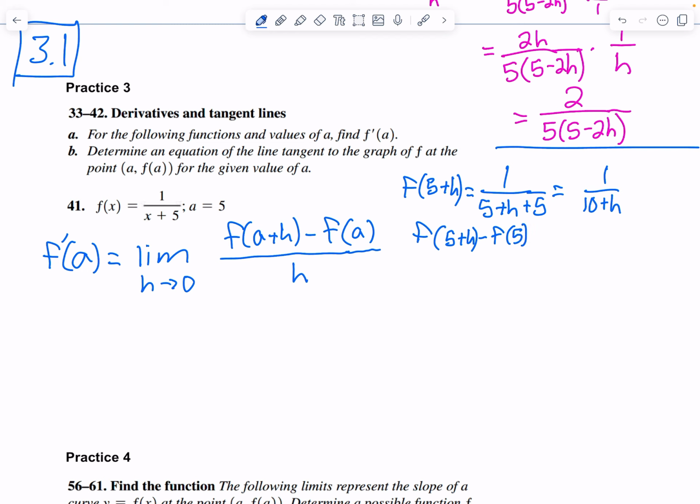Remember we did this in separate parts. So that's going to be 1 over 10 plus h minus, and then we just plug 5 into the actual function, so that's 1 over 5 plus 5. Then we could get a common denominator, and I say we go ahead and do that.